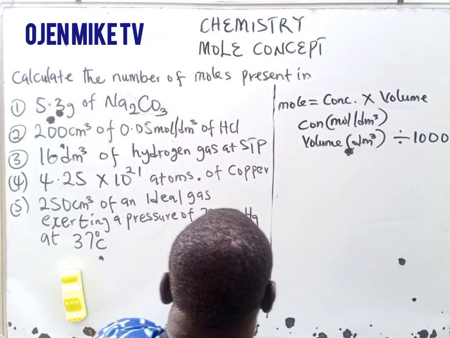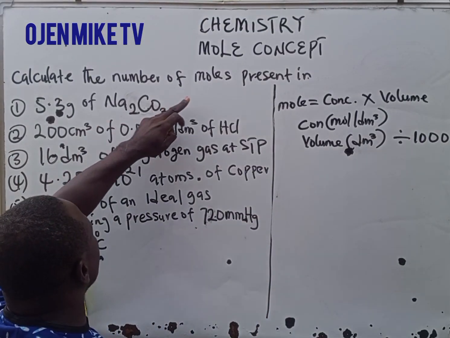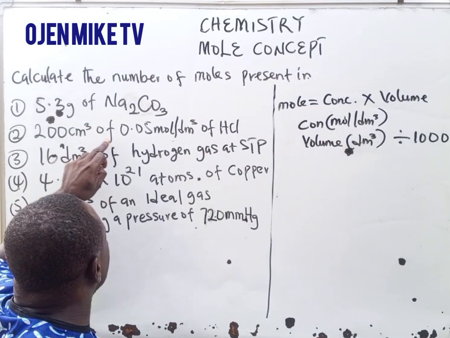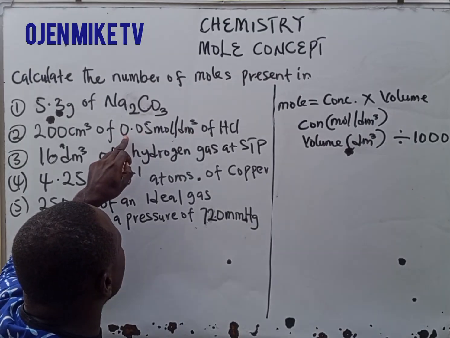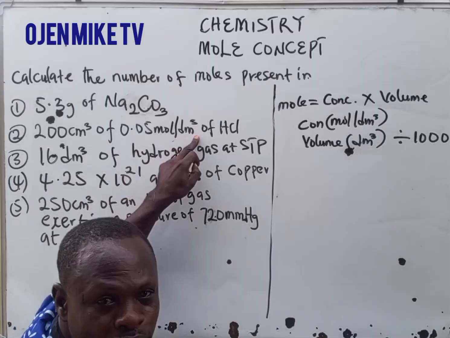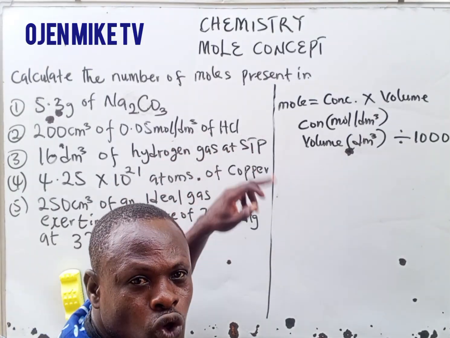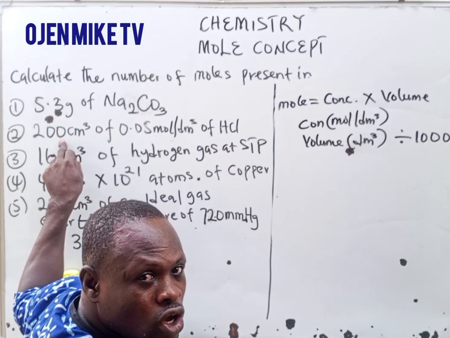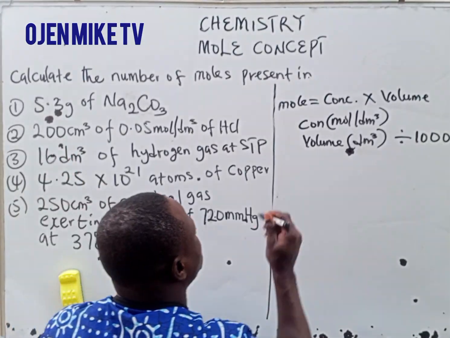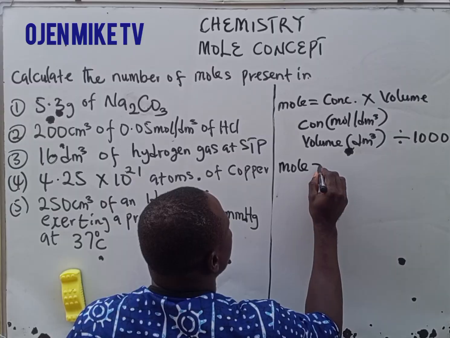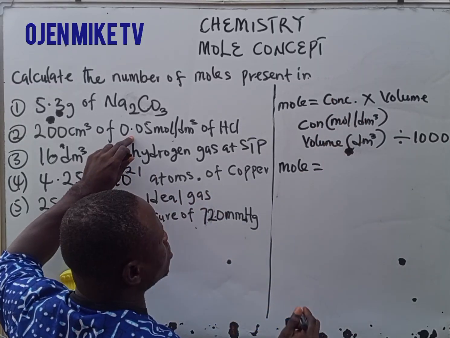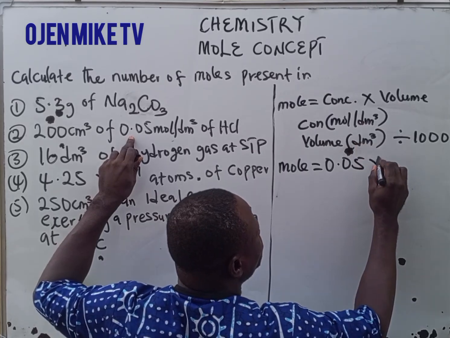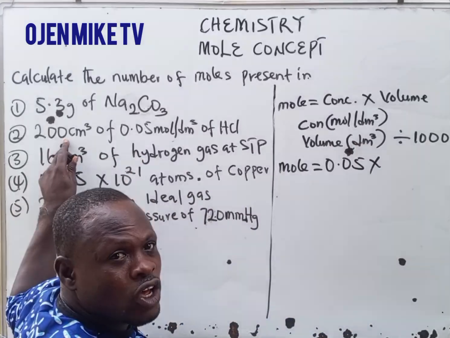So just take note. Now the second example: find the number of moles present in 200 cm cubed of 0.05 moles per dm cubed KCl solution. It's very simple. You need to change the volume to dm cubed. So mole is equal to concentration, which is 0.05, multiplied by the volume, 200 cm cubed.